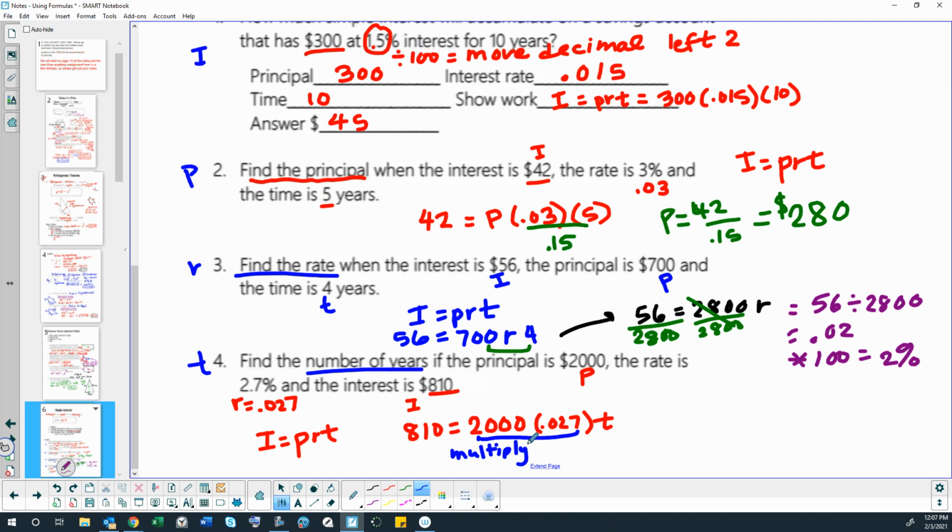Gives us 2,000 times 0.027, which is 54. So then to get T by itself, we divide both sides by 54. So that's going to be 810 divided by 54. So that 810 divided by 54 is 15 years.